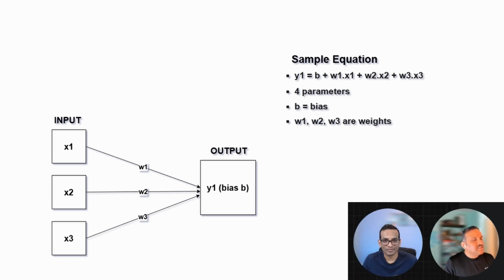In this case, this is not even a proper model, just an equation. It has 4 parameters, right? You have b as the bias and w1, w2, w3 as weights. So you have 3 weights and 1 bias, which is 4 parameters.